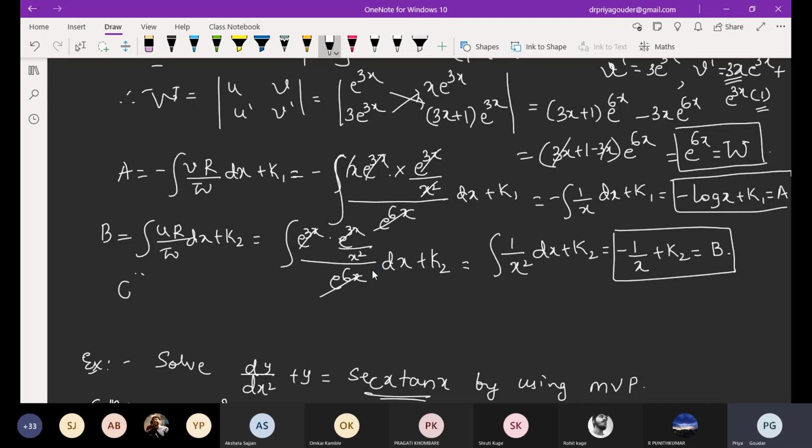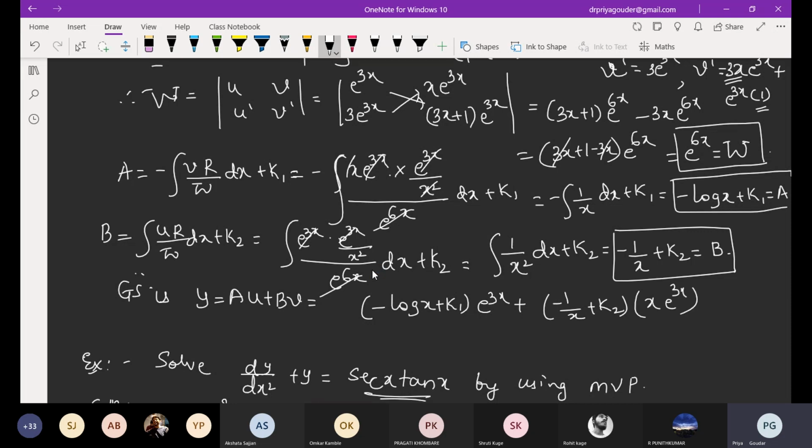What is the last step? The general solution. Okay, substitute now. What is A? Minus log x plus K1, into u. u is e raised to 3x. B is minus 1 by x plus K2. What is v? x e raised to 3x.